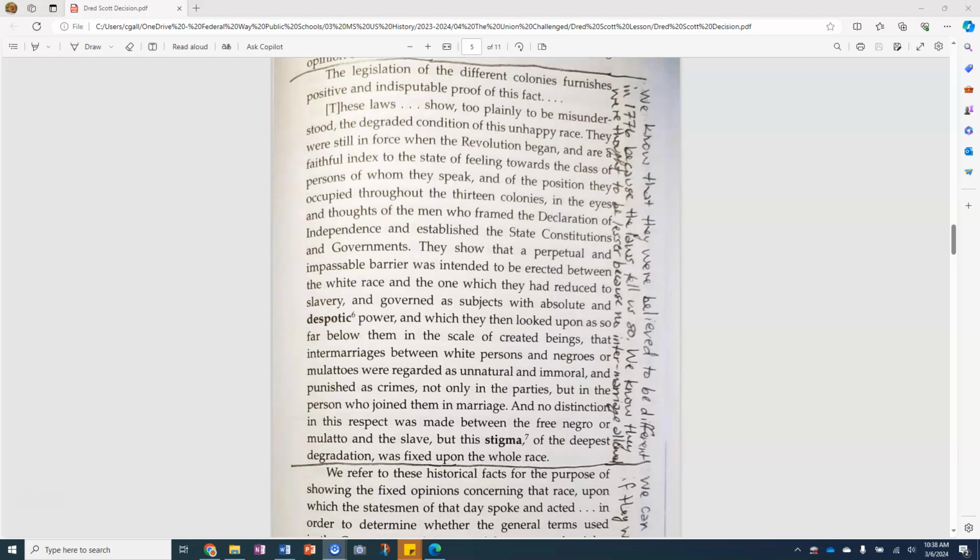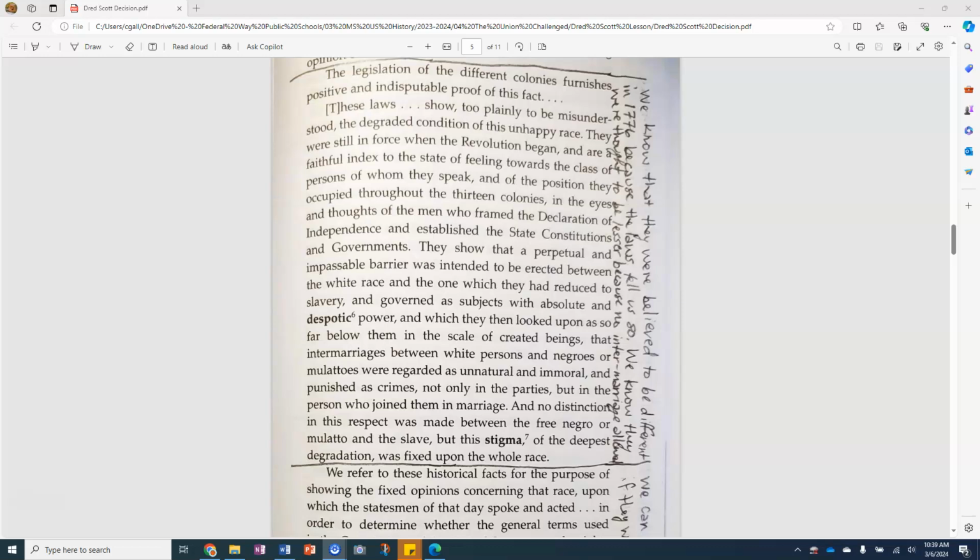He says that these marriages between these groups were punished as crimes, and not just the people who got married, but the person who joined them in marriage, the minister, the minister or the city official, ship captain, whoever joined them in marriage.